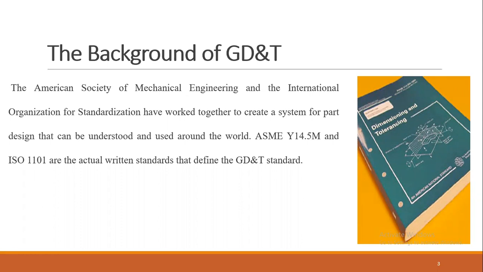ASME means American Society of Mechanical Engineers, with the version Y14.5M, and in the international standard you will get 1101. Mostly in industry we use this book for GD&T purposes. I have this book, I will share it with you. So don't worry, just read.